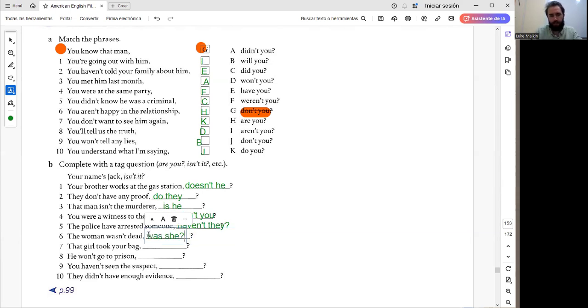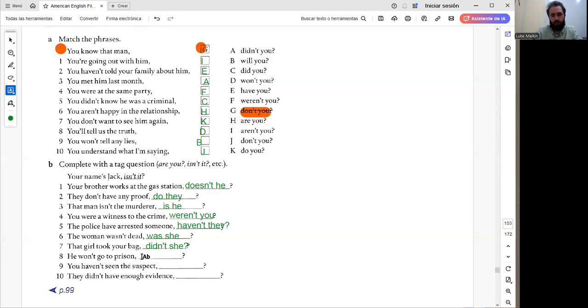This is past, so our tag with "was". Seven, that girl took your bag, didn't she? This is past simple. We don't see an auxiliary in the main sentence, but to create one, we need did or didn't because it's past simple.